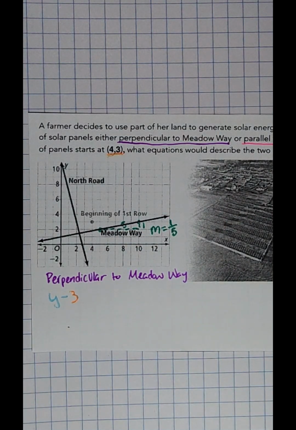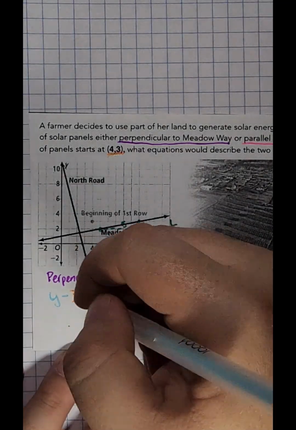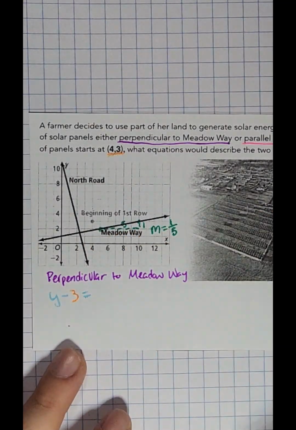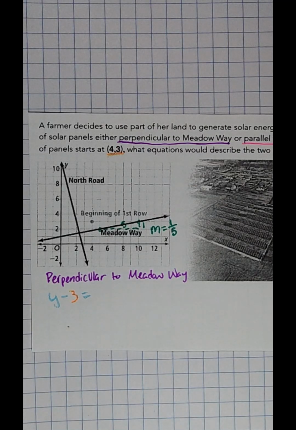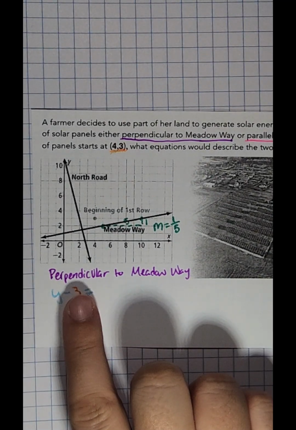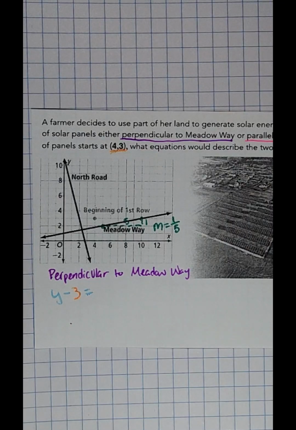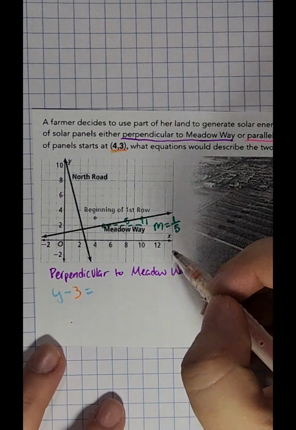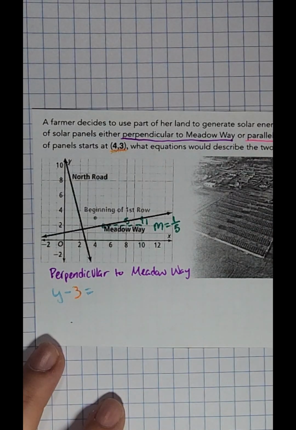Continuing with our point slope form, we have equals our slope. Now remember, for a perpendicular line, we need the negative reciprocal of slope. So to do that, we need to take this, flip the fraction, and then negate it.